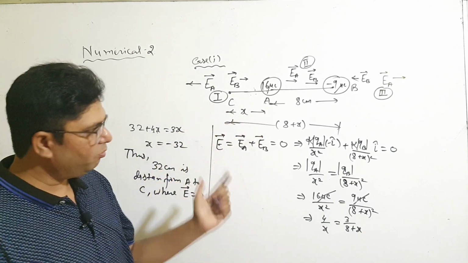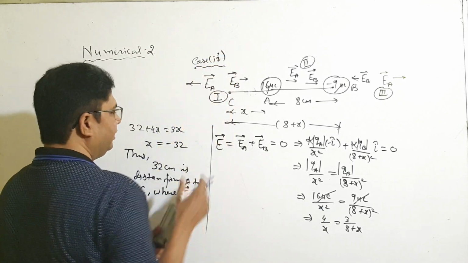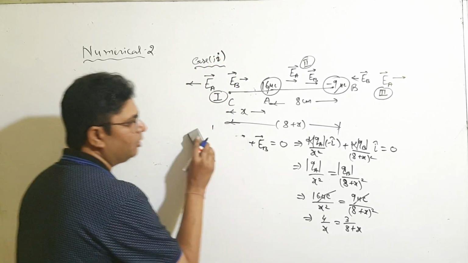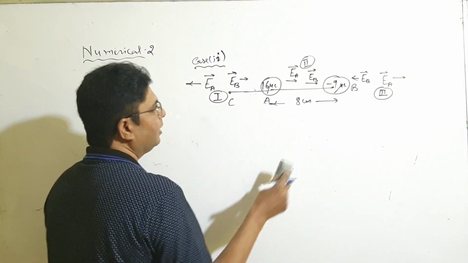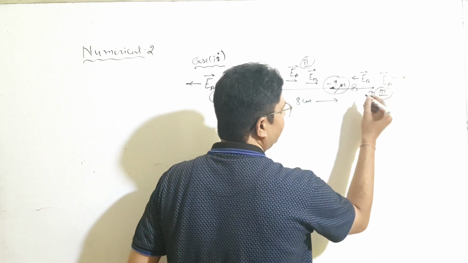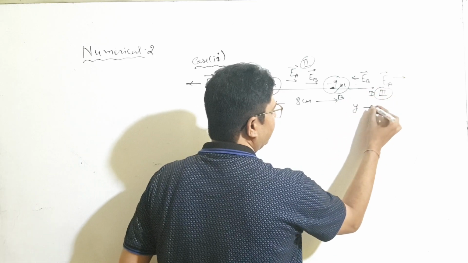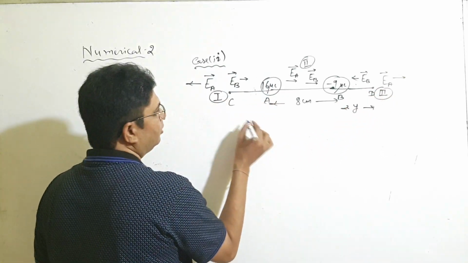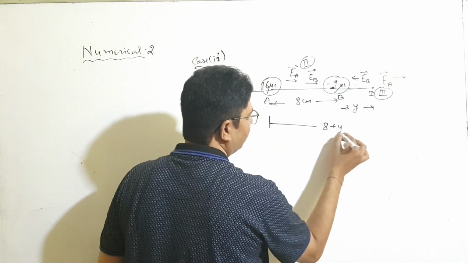Let us work out case second. In case second, we are going to take the RHS side. So for that, let us take a point from B to here. This is said to be D. This is point B. Let B to D be y. So the distance from A to D is 8 plus y.